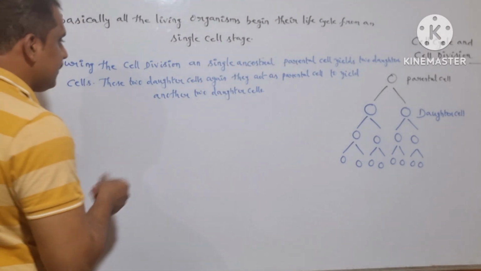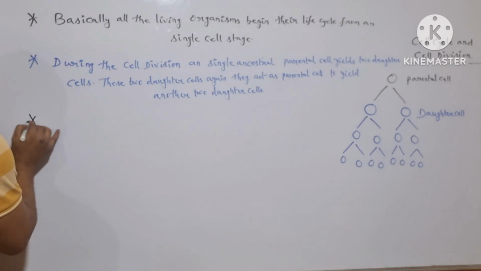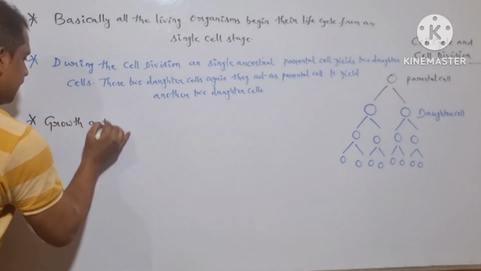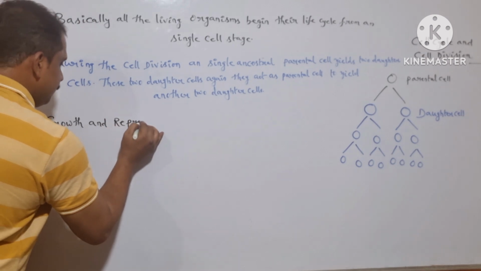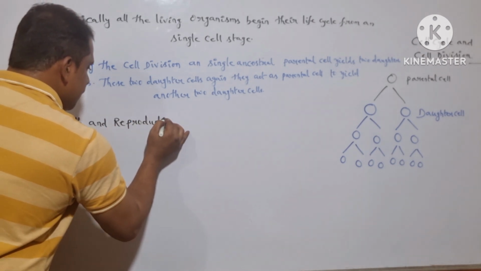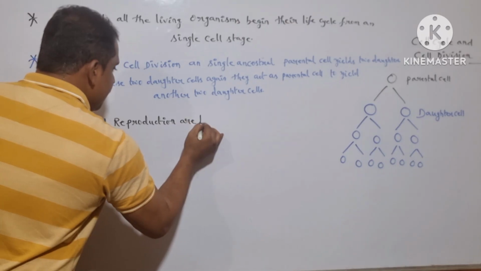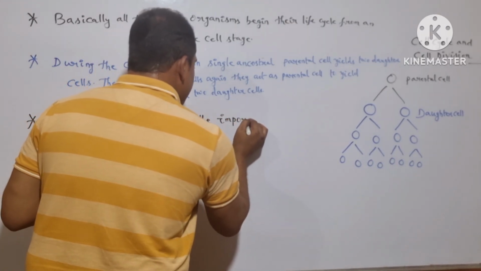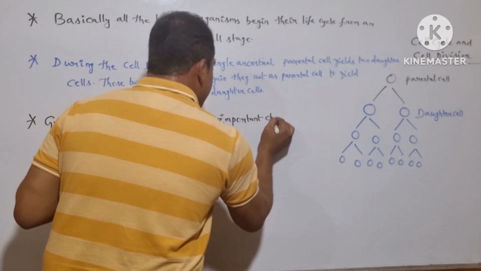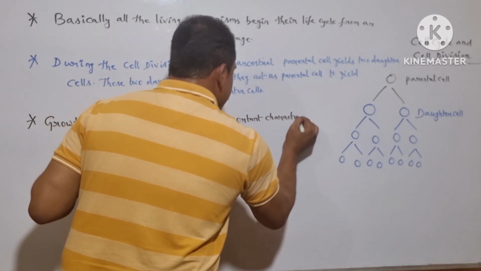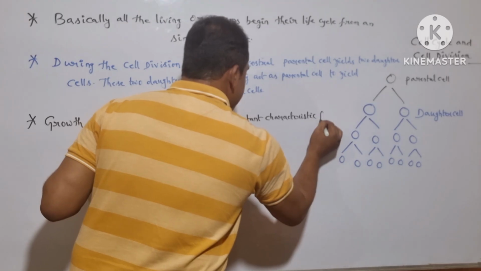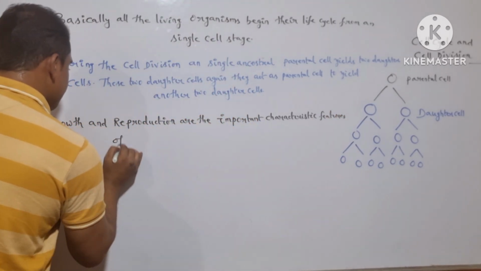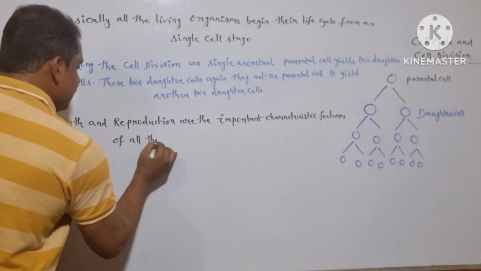So let me write here: growth and reproduction are the important characteristic features of all the living organisms, right?